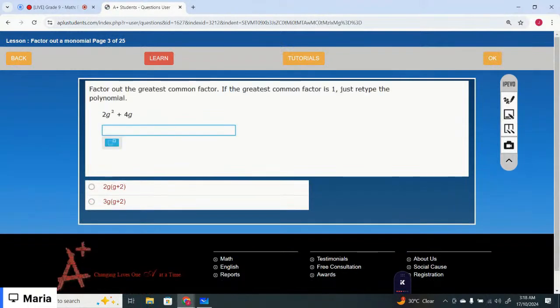The next one is factor out the greatest common factor. So which is the correct option?